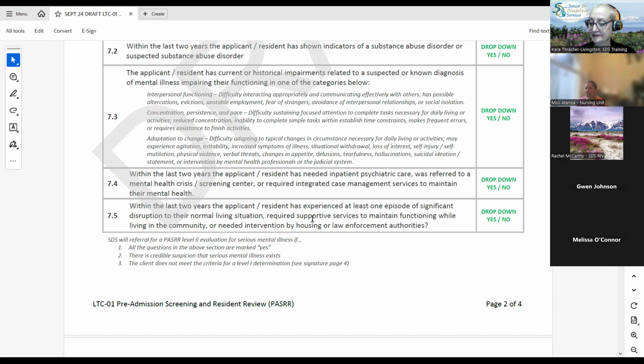So for all transfers, if they're going to a new facility, they need a new PASRR. If they're continuing at their existing facility and something's changed, then we would ask for a PASRR resident review. Typically, like Molly said, the onus is going to be on the hospital to fill out the PASRR, as that's how it currently is right now, right?